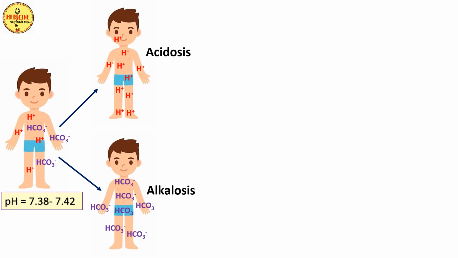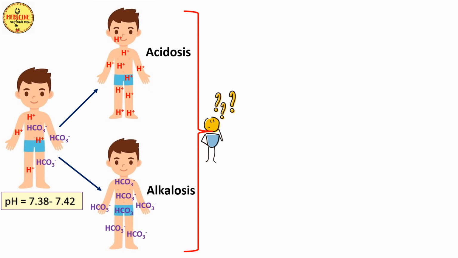We learned that the disruption of any mechanism maintaining the basic homeostasis of acids and bases would lead to acid-base disorder. So how does that happen? To understand that, you need to recap a basic formula that we learned in the previous video.